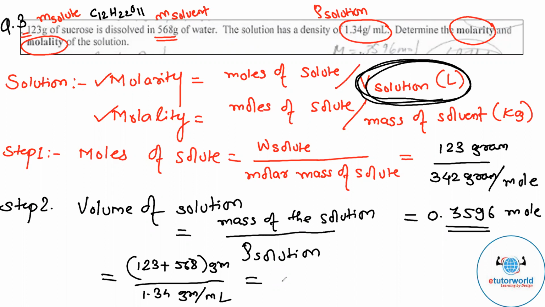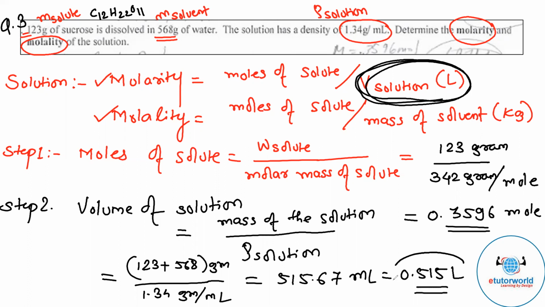Aditi, it should be 515.67 milliliter. And if you want it in liters, how much will it be? 0.515 liter. We will take up to 3 decimals. Okay.